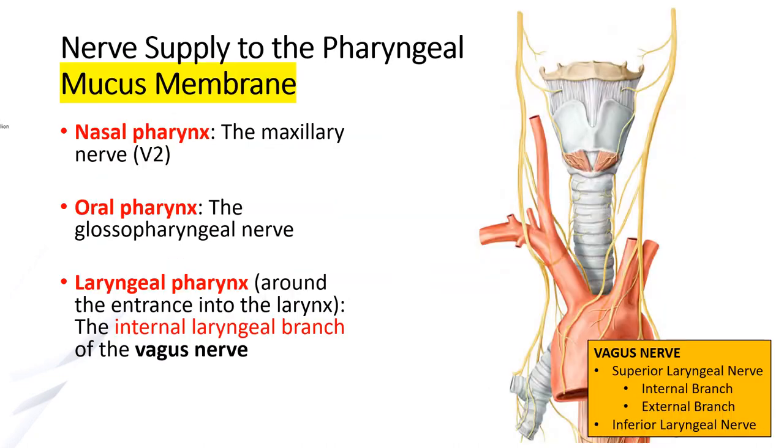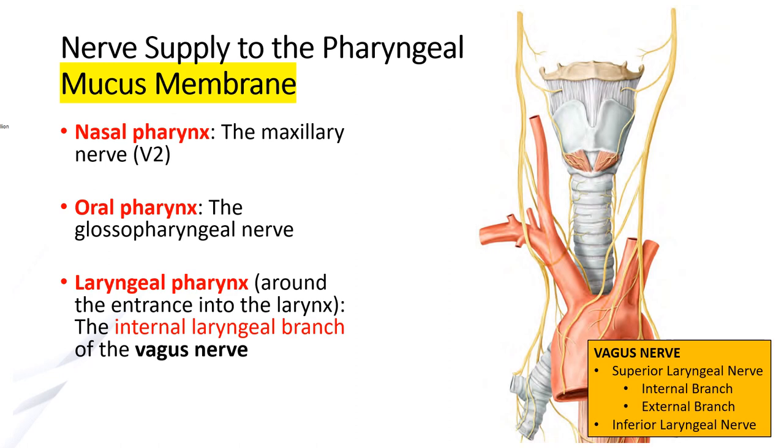The nerve supply to the pharyngeal mucous membrane depends on the location. If you remember from our previous lecture, the nasal cavity is innervated by the trigeminal nerve. But specifically for the nasopharynx, it is innervated by the maxillary nerve V2. The oropharynx is innervated by the glossopharyngeal nerve.